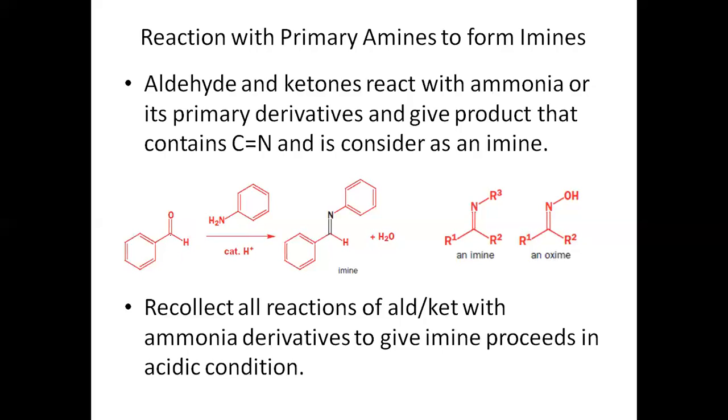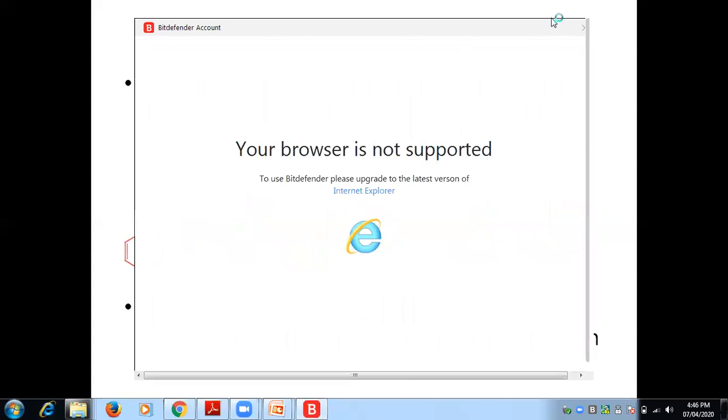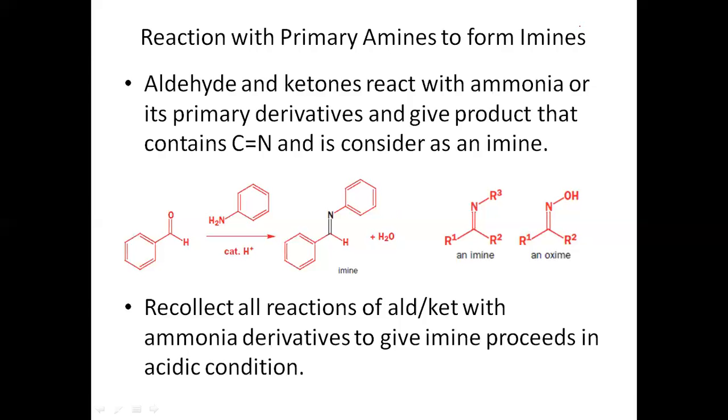The nucleophilic attack will take place, and somewhere in the mechanism it involves the loss of a water molecule, so you get the double bond here and the formation of water. We will see exactly how the water is formed, and that entire mechanism. We will also see why H plus is essential in this type of reaction. Here on the other side, you have the difference between the structure of an imine and an oxime. If you notice this, there is just a small deviation in the structure.